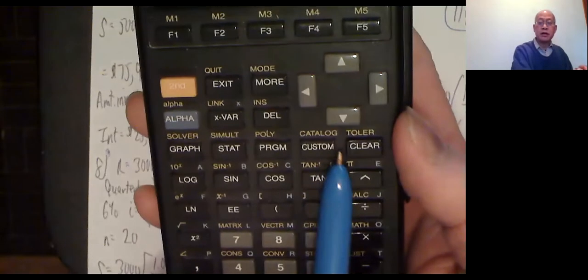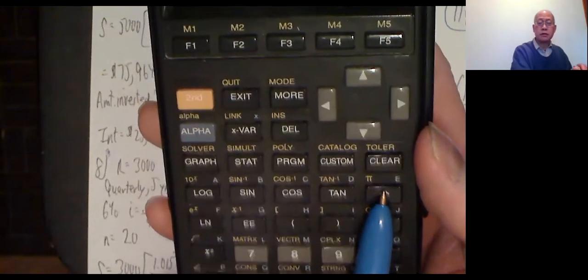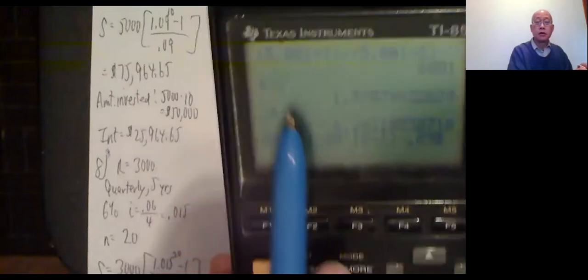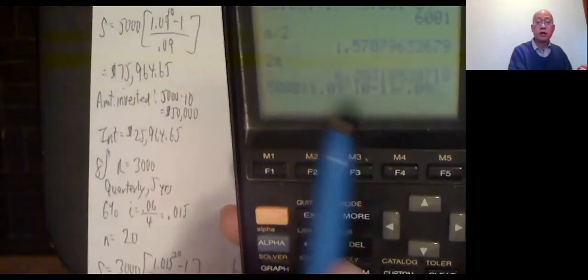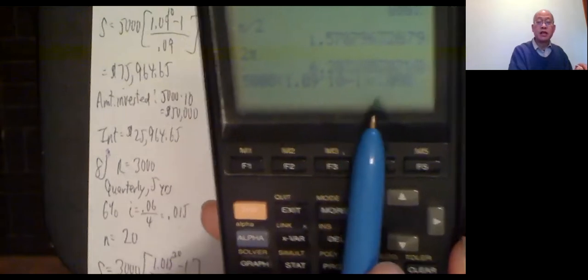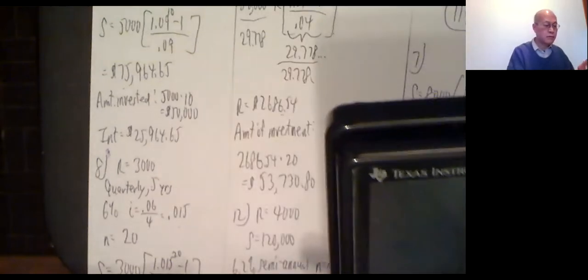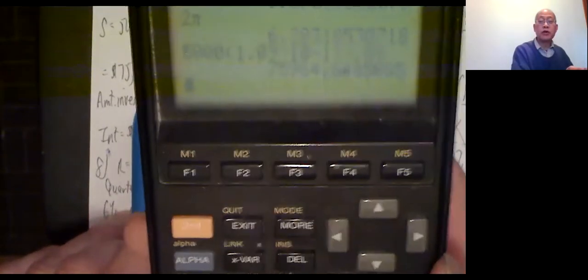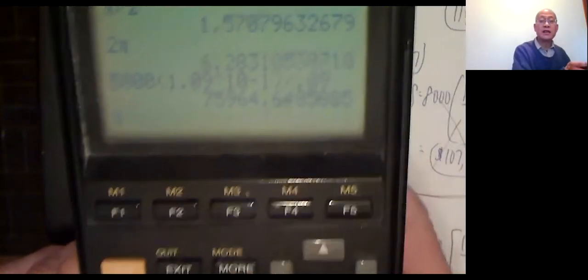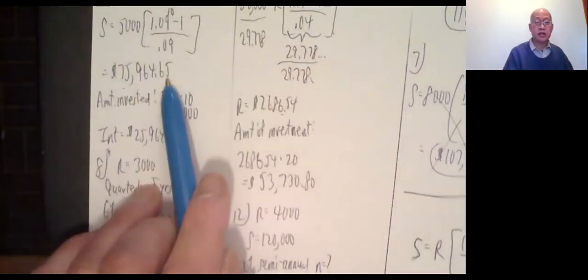My exponent button is this one, and it's being raised to the 10th power, subtract 1, and that should all be in parentheses, then divided by 0.09. Okay. 75,964.648. 648 means we rounded to 0.65, 65 cents.